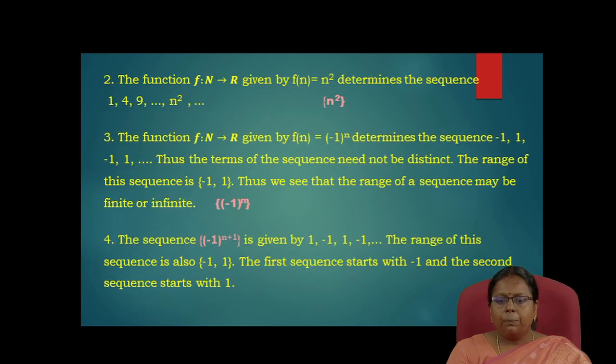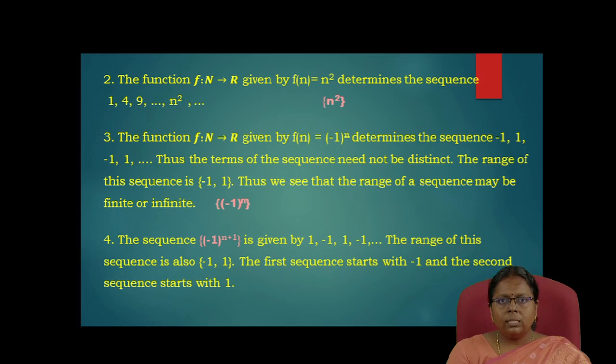The next example, the function f from N to R given by f of n equal to n square, determines the sequence 1, 4, 9, etc. In the third example, f of n equal to minus 1 the whole power n. In this sequence, the first element will be minus 1, the second element will be 1, third will be minus 1, fourth will be 1, etc.